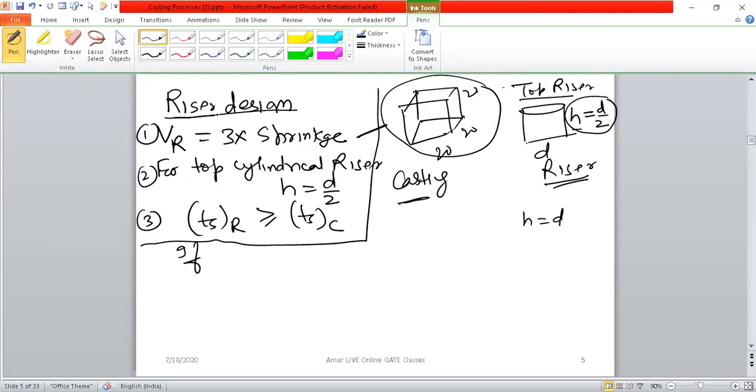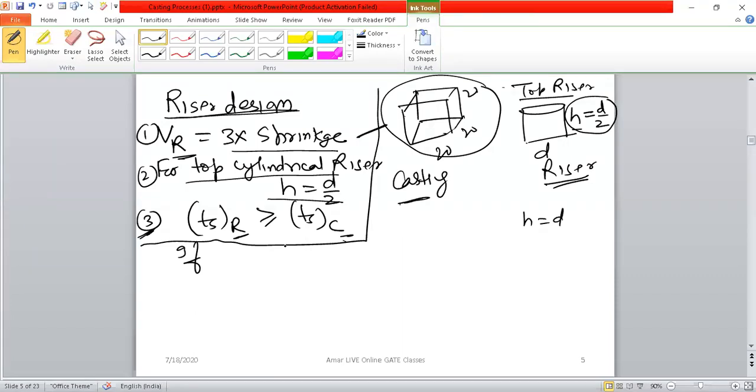Riser design says that the volume of riser will be 3 times the shrinkage, and for a top cylindrical riser, H is equal to D by 2. And third, you have to check which one solidifies first, whether it is the riser or the casting. Risers must solidify later than the casting, because if the riser solidifies first, nothing will be there to feed the casting, because when the casting shrinks, we provide the riser to compensate the shrinkage.